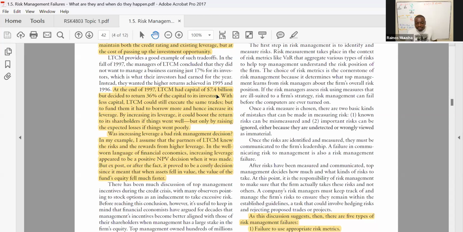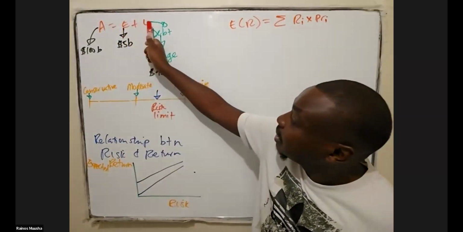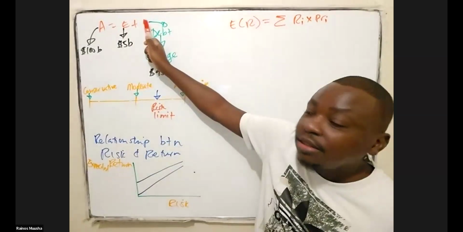So which means they basically had like a share repurchase program. So what does that mean? When they return 36% of the capital to investors, what does that mean? Going back to our accounting equation, your assets is equal to equity plus liabilities.